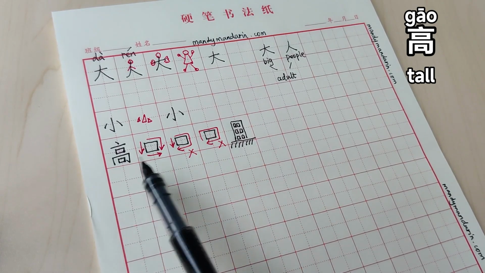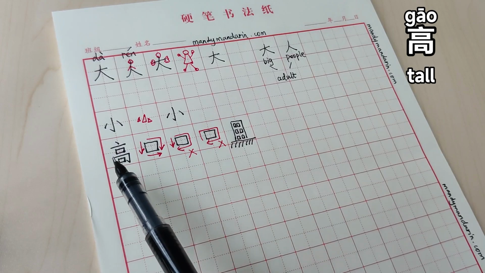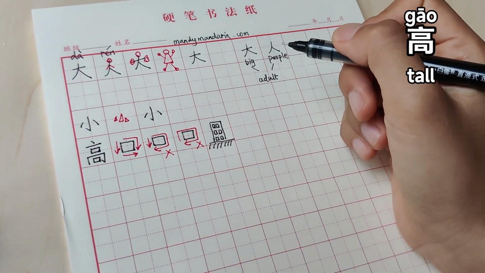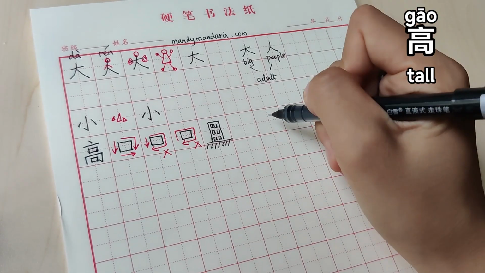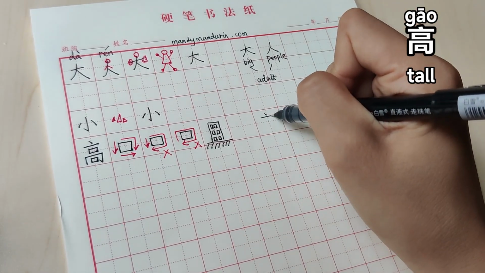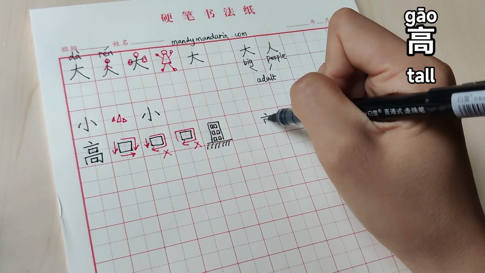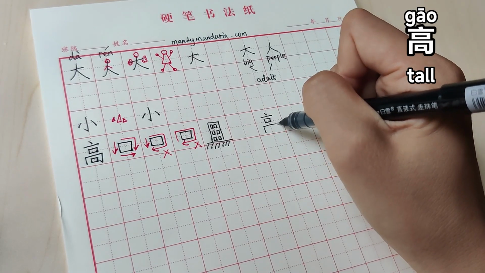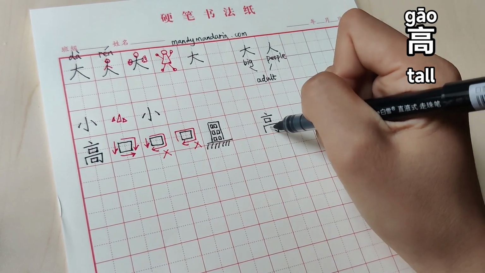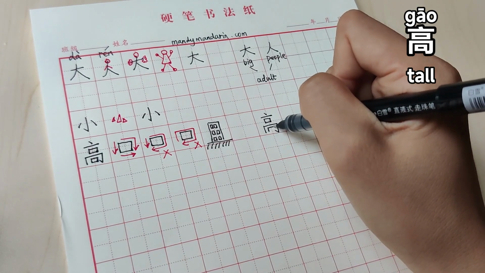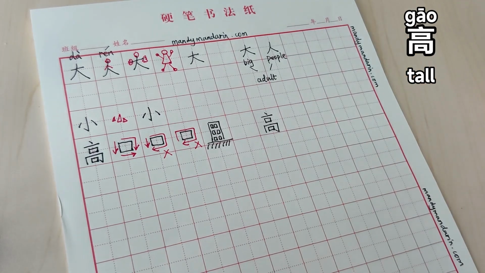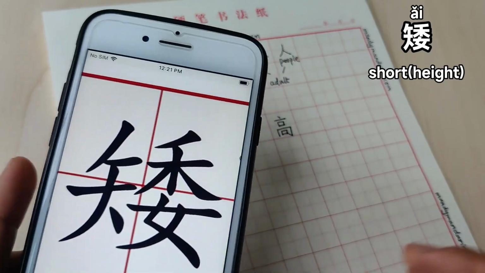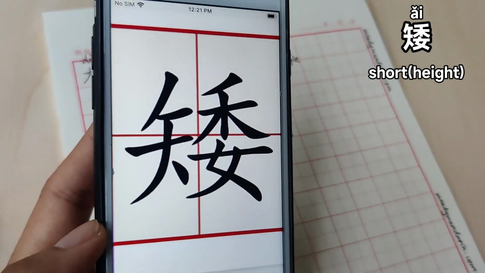Like windows in the building, and there are many floors like this. And let's try to write the gao one more time. It's 1, 2, 3, 4, 5, 6, 7, 8, 9, 10. That is gao, tall. Move on to the next one.